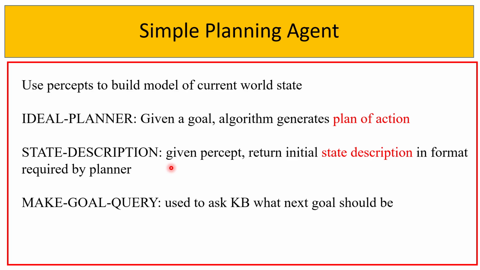State descriptions, given perception, returns the initial state descriptions in the format required by the planner. Make goal query is used to ask the knowledge base what the next goal should be. So using these functions, we can have the state descriptions and plan of actions.